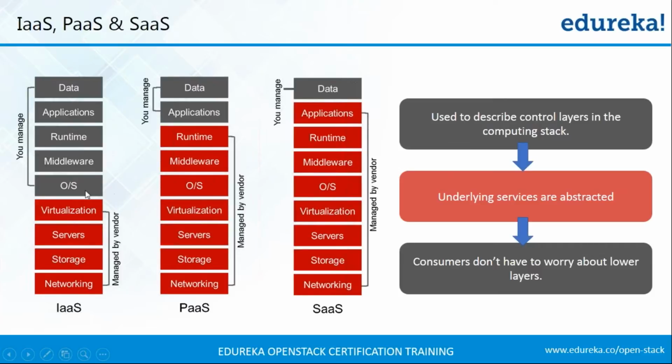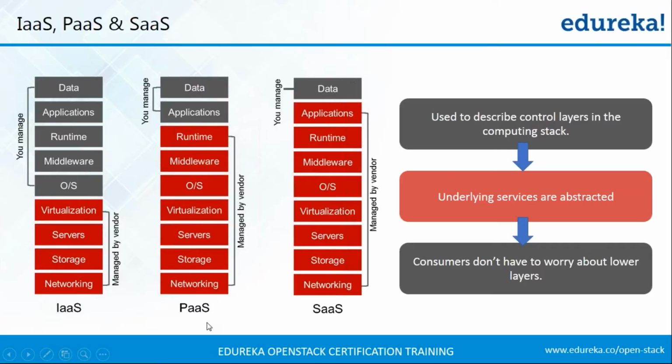After the cloud vendor sets up these things, it gives you the basic hardware and the hypervisors. After that, this is something that you should manage. You can install your own operating system, middleware, runtime, applications, and data. OpenStack provides you with infrastructure as a service.